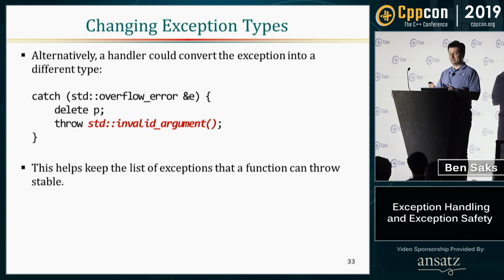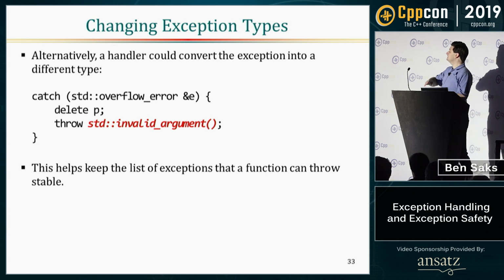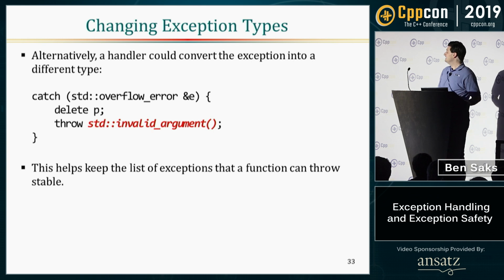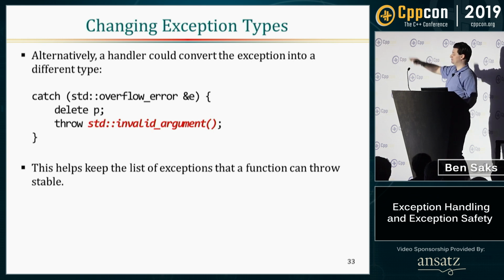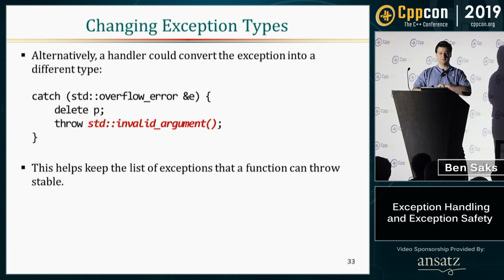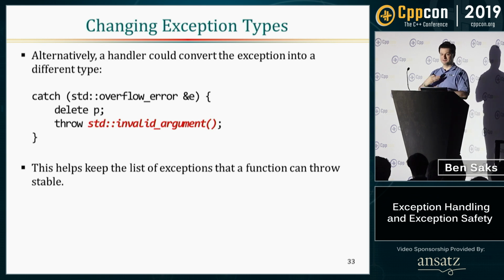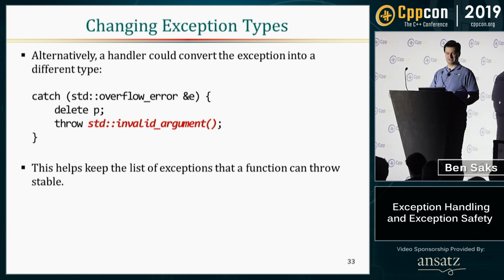The idea here being that something further down the call stack caused an overflow error, but this might be an appropriate thing to do if we think the overflow was caused by someone passing a parameter into us that turned out to be invalid. And this sort of thing, translating exceptions like this, can be helpful for keeping the list of exceptions that a particular function throws stable, for making sure that you don't regularly change the list of things that can be thrown.